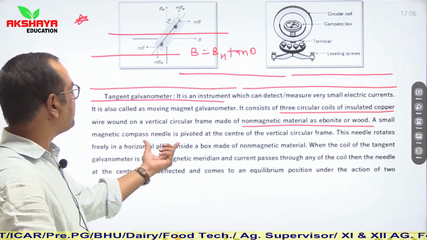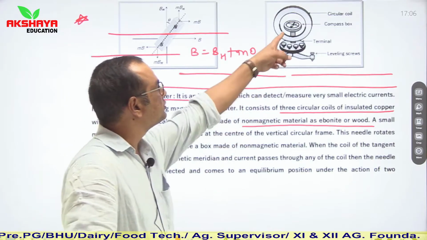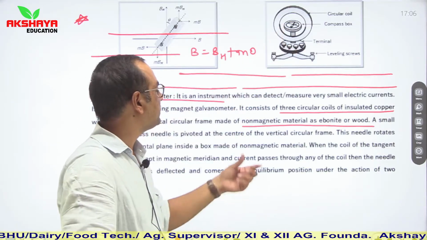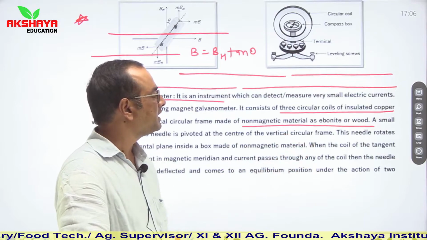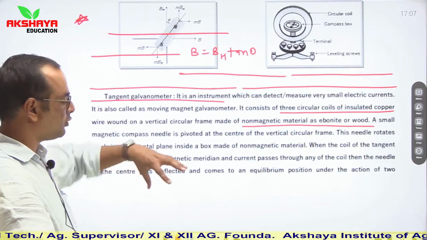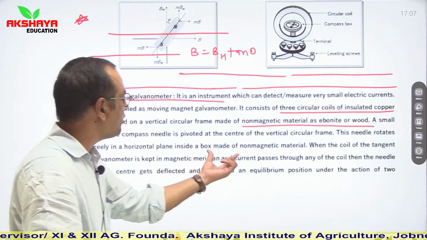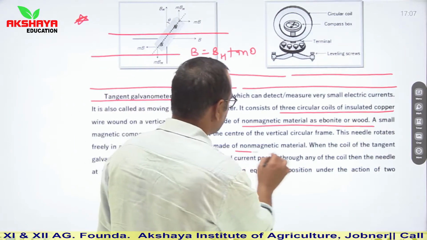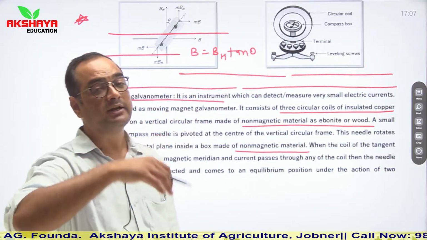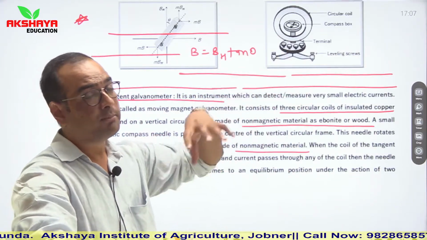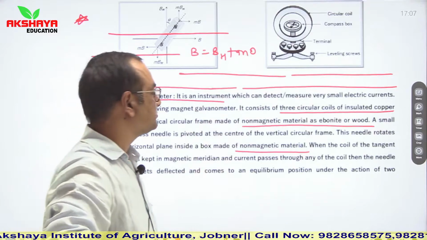A small magnetic compass needle is pivoted at the center of the vertical circular frame. This needle rotates freely in a horizontal plane inside a box made of non-magnetic material.